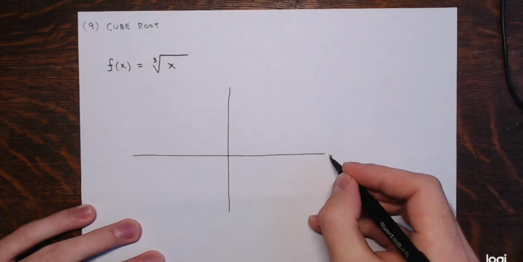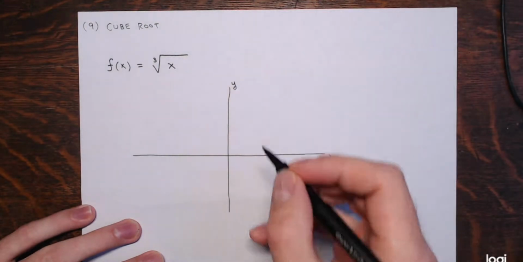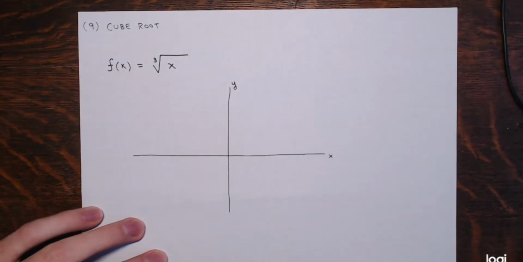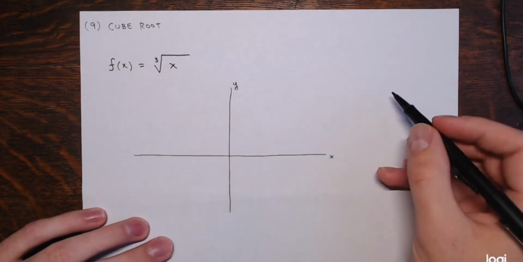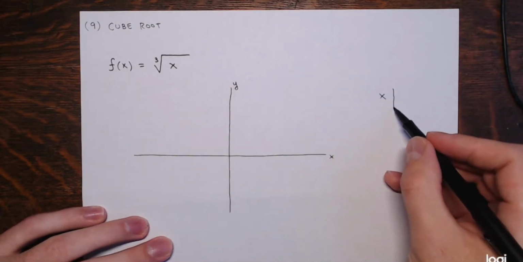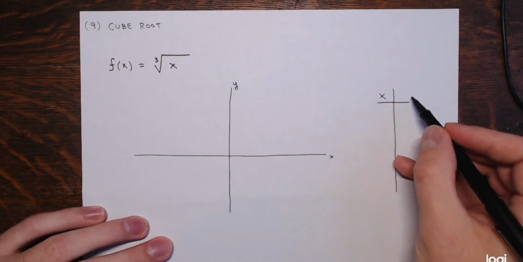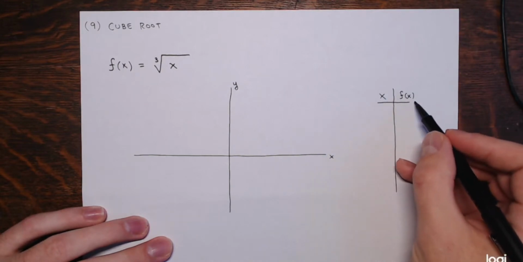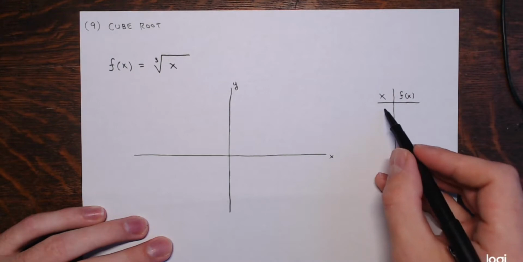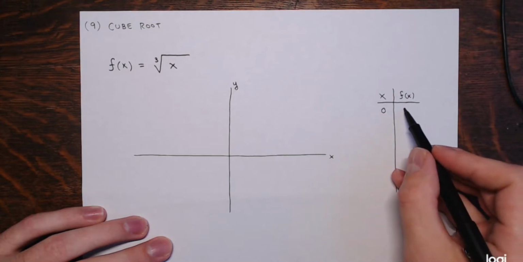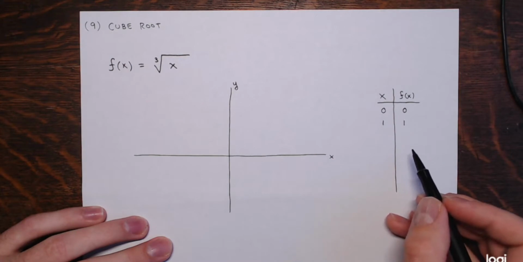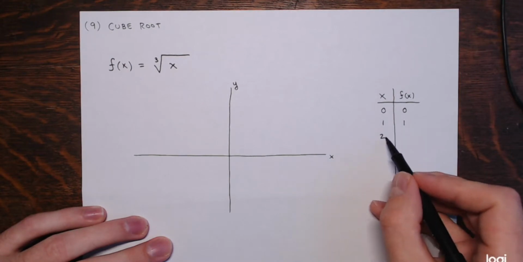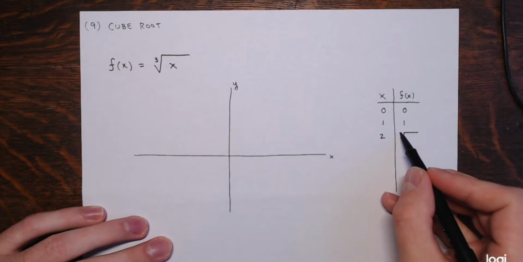So again, f of x. And so, the cube root of 0 is 0. The cube root of 1 is 1. 1 cubed is 1. The cube root of 2, I don't know what that is.